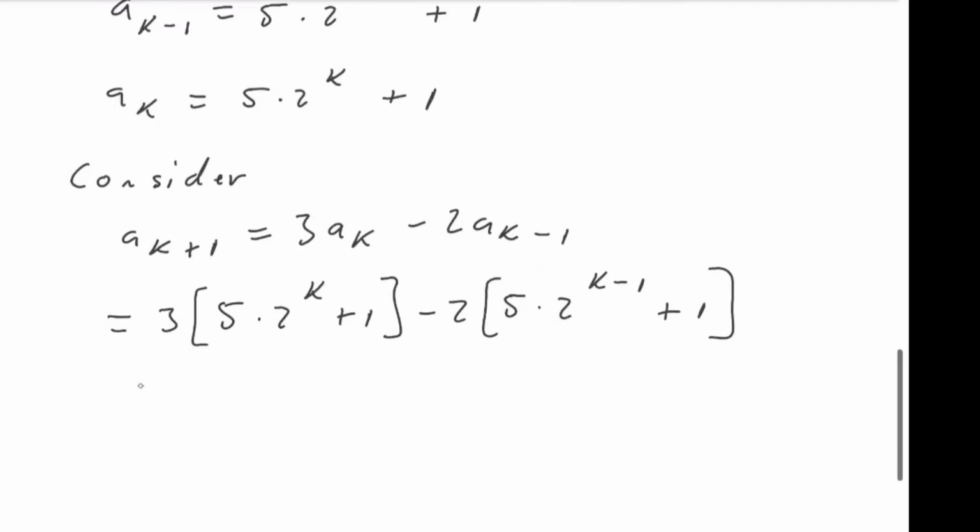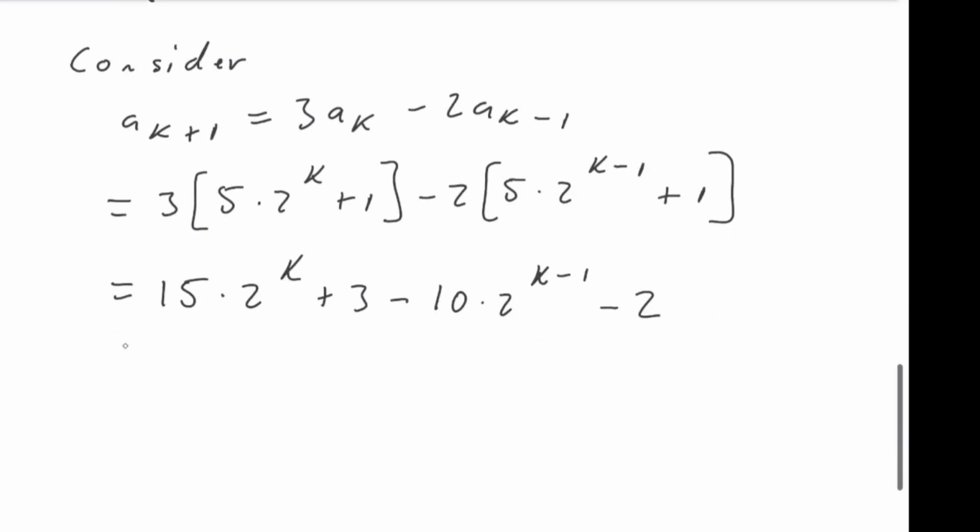And now let's see, this is going to be 15 times 2 to the k plus 3 minus 10 times 2 to the k minus 1 minus 2. Okay, so I'm going to have to get 2 to the k in both of these. So I have 15 times 2 to the k. 3 minus 2 is 1, so plus 1.